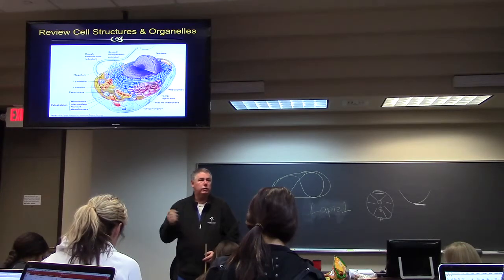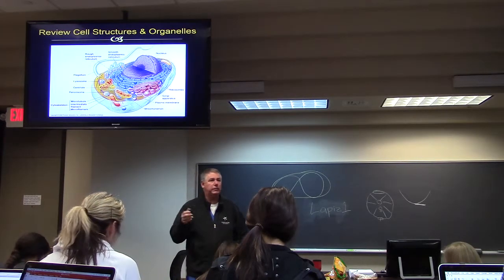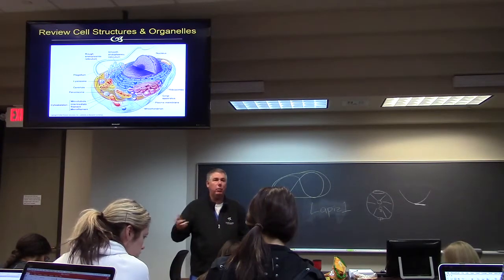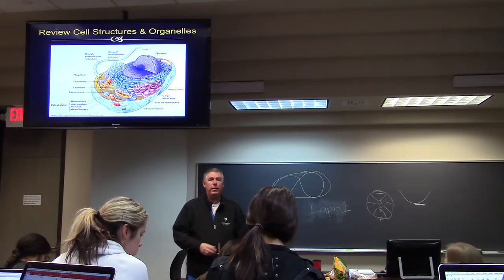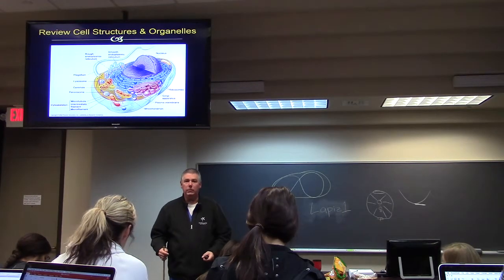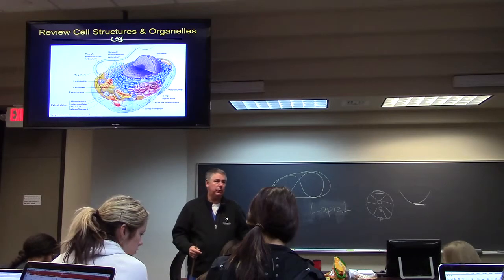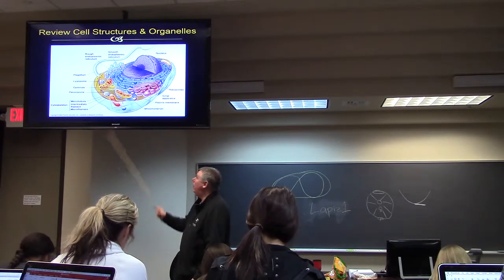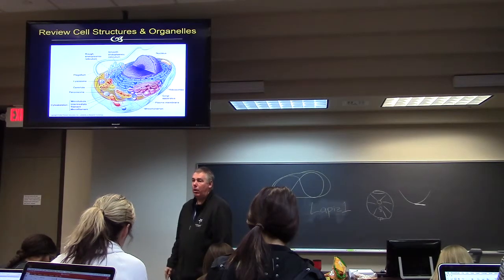The ribosomes transcribe proteins into the RER for export by the cell. So in cells that have a huge export of proteins, like for example, beta cells that produce insulin. Insulin is a protein. You have a very rich RER.